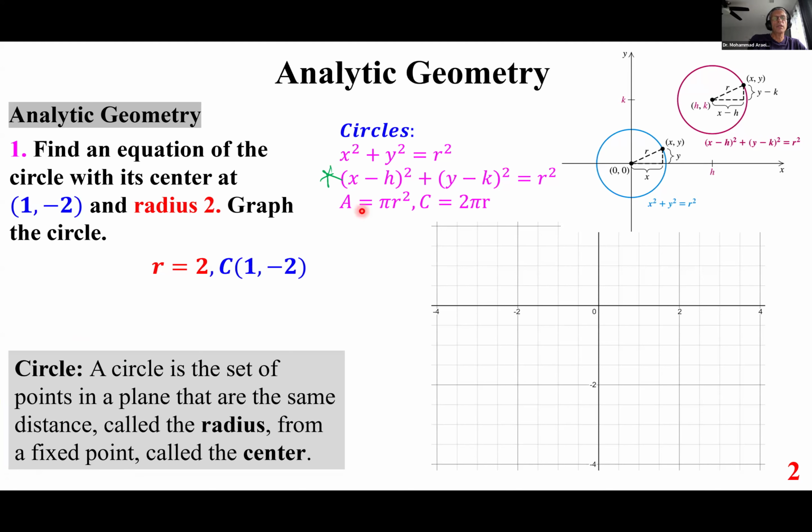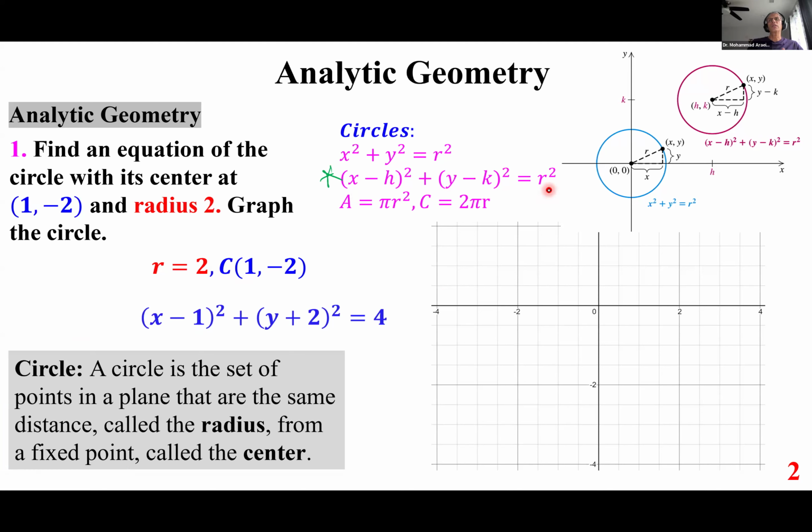That means (x minus 1) quantity squared, (y minus -2) makes it (y plus 2) squared, equals 2 squared, which is 4. So that's it.